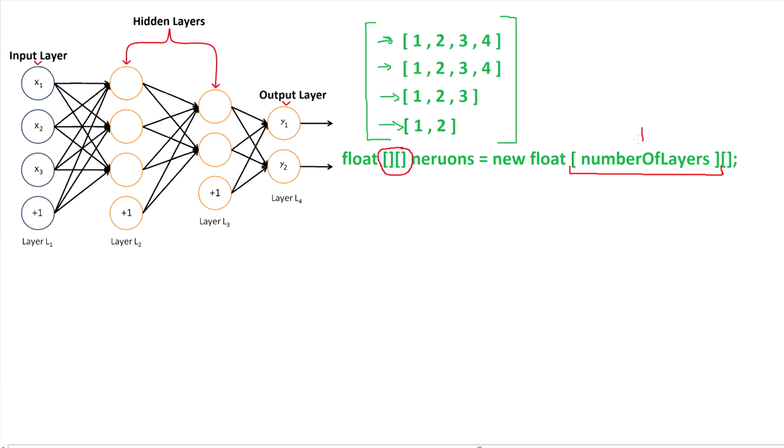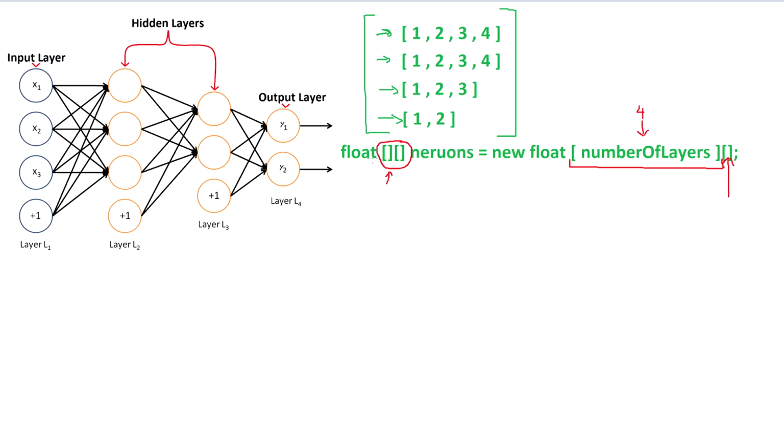So this number of layers would have been a 4, but for each row in that two-dimensional array, this part here can vary in length. Some of you guys, if you have done Java before, you might get confused. This in Java is actually a square matrix, whereas in C# it's actually a jagged array. Okay, so don't get confused if you've done Java before.